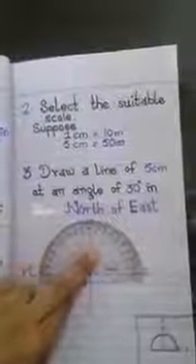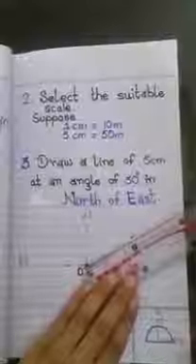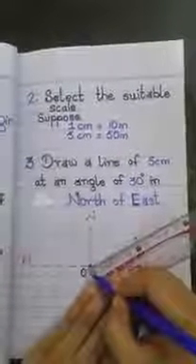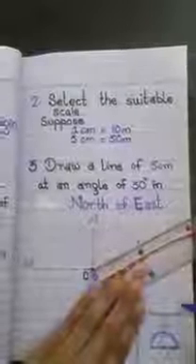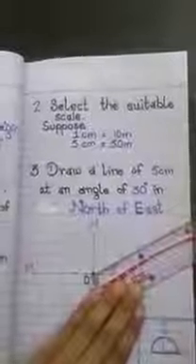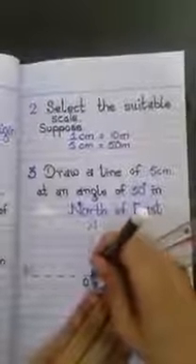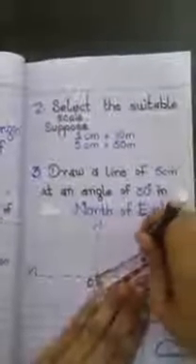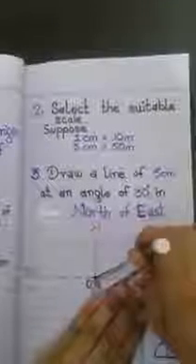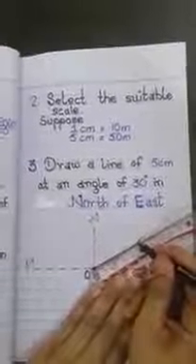Now I mark a point at 30 degrees. Then I take a ruler. Now I place 0 centimeter at the point of origin, and that 0 is in line with this 30 degrees point. And now I start to draw the 5 centimeter line from 0 centimeter to the point at 5 centimeter. This line measures 5 centimeter.